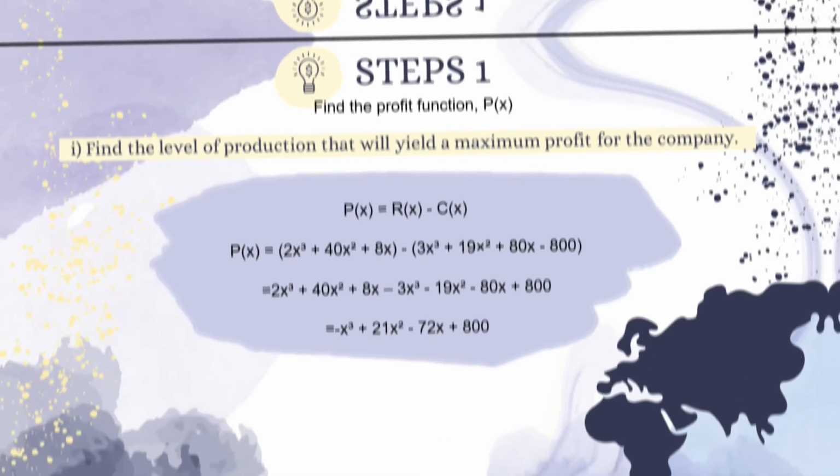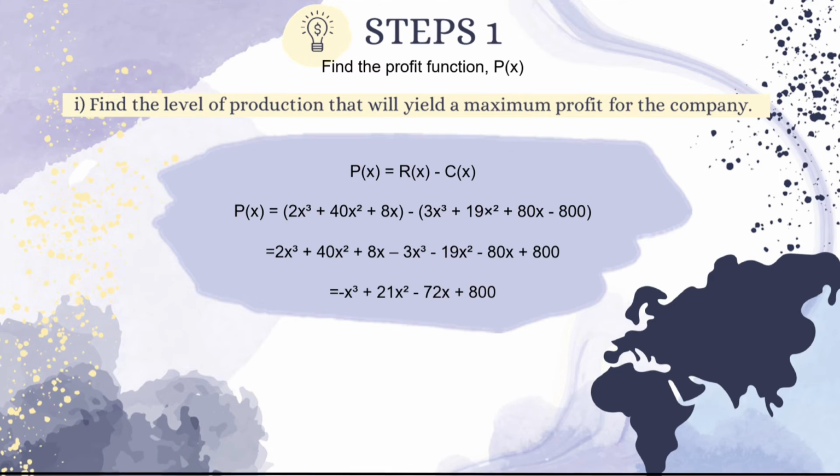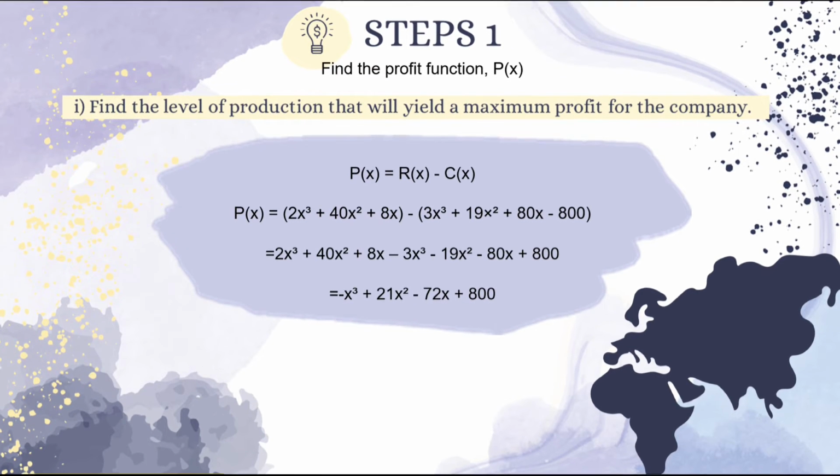The first step is to find the profit function P of x by using the formula given, which is P function equal to R function minus C function. Then we will get P of x equal to negative x cubed plus 21x squared minus 72x plus 800.